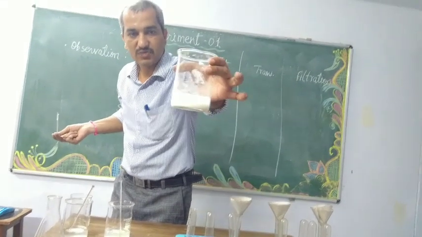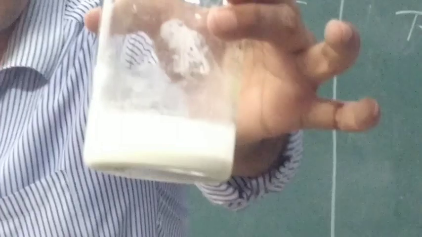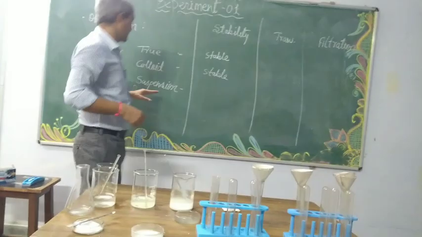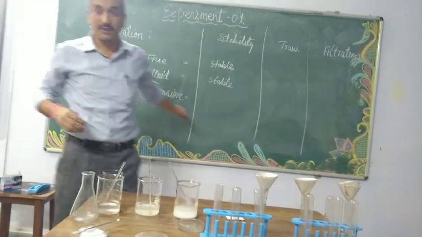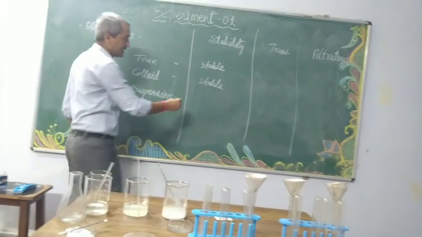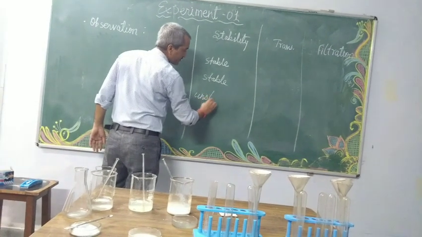You see how the separation is going on by itself. The two phases you can identify by your naked eyes. So we cannot say that suspensions are stable. It is clearly unstable.